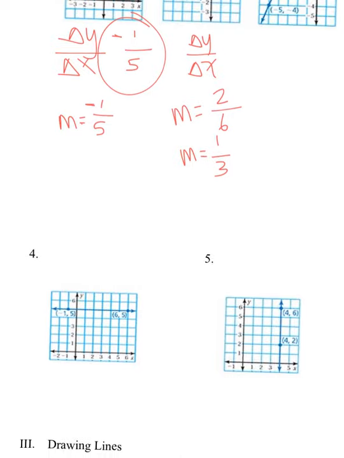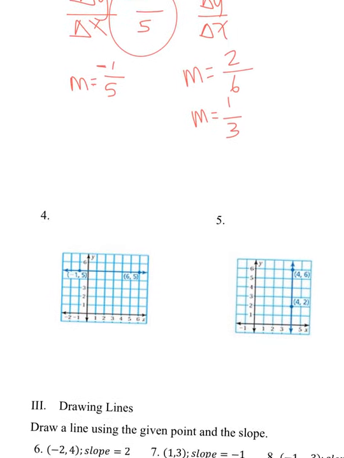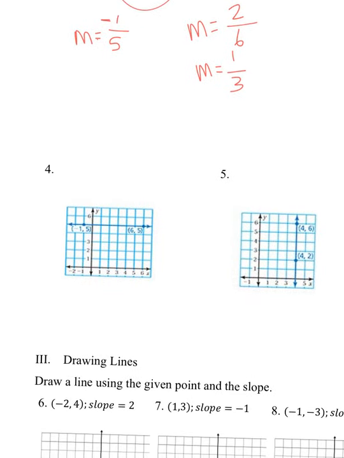We also have, in numbers 4 and 5 here, 2 different types of slopes. In number 4, we have a horizontal line, and in number 5, we have a vertical line. To figure out the slope of these, you still think of rise to run. You start with one point and go to the other. It doesn't matter which point you start with. So I'm going to go here to here.